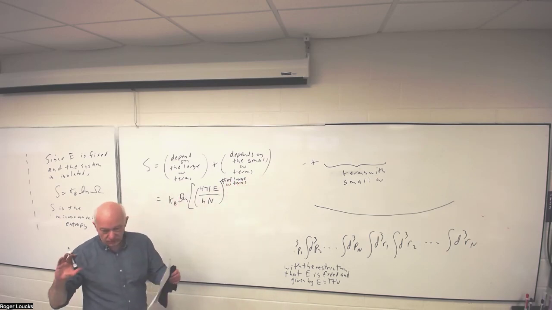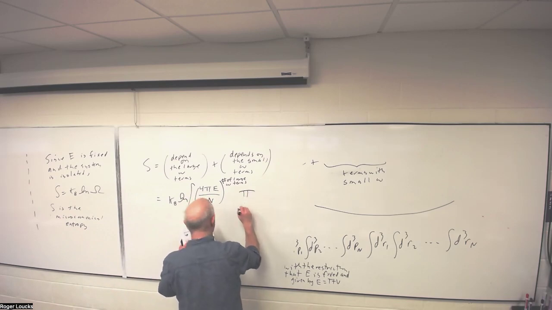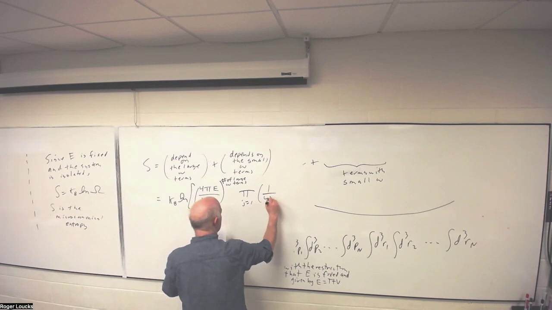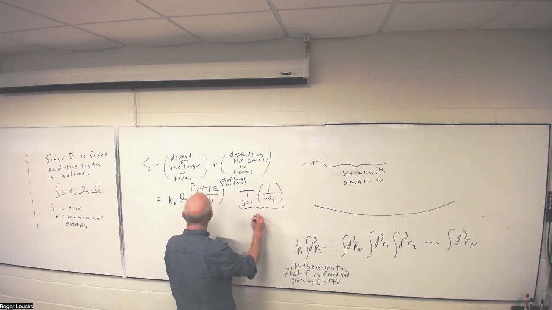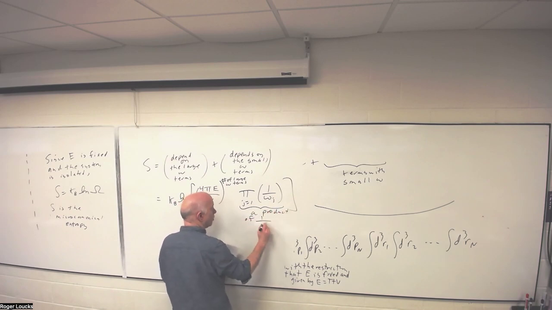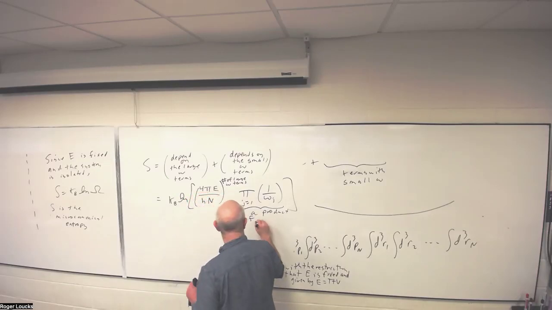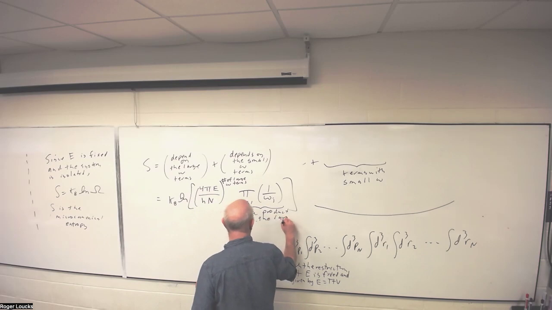And he writes it in kind of a funny fashion, times the product of 1 over the omega, 1 over the product of the large omega terms.